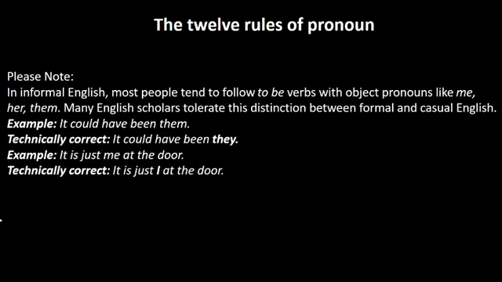Please note, in formal English, most people tend to follow a to be verb with, listen, you can see I italicized this, tend to follow a to be verb with an object pronoun, like me, her, them.